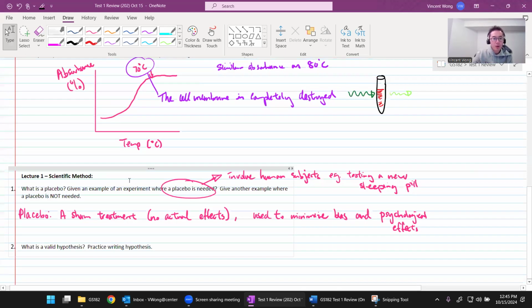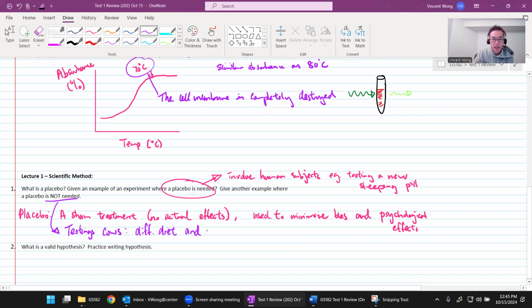Give an example where a placebo is not needed. In class, we talked about testing different cow diets and milk yield. Animals are not going to have bias, so we don't really need a placebo.